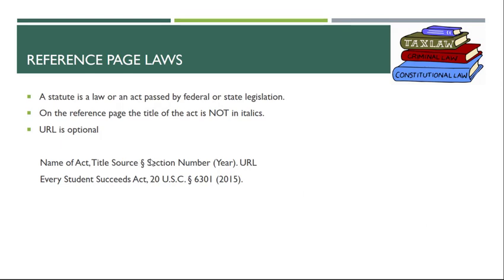This symbol can be found under symbols in Microsoft Word, PowerPoint, and various other sources. If you cannot find it, this symbol actually means section, so you could simply spell out the word section. Here is an example of an act. Every Student Succeeds Act, 20 USC, Section 6301, 2015.